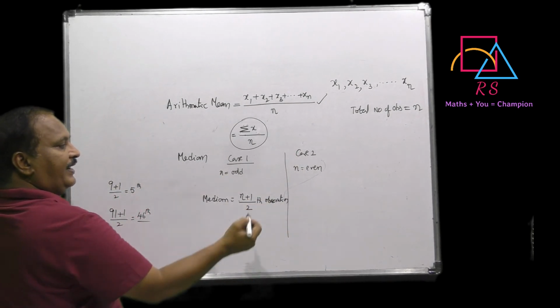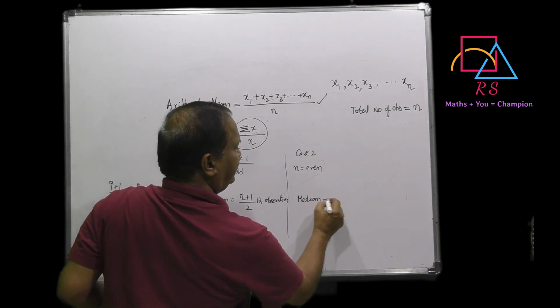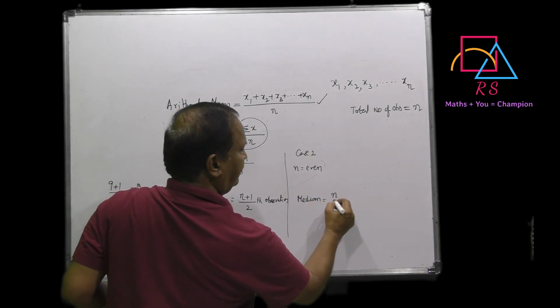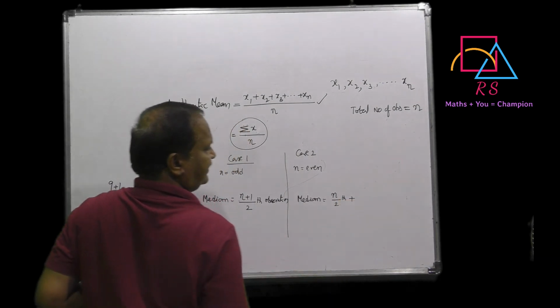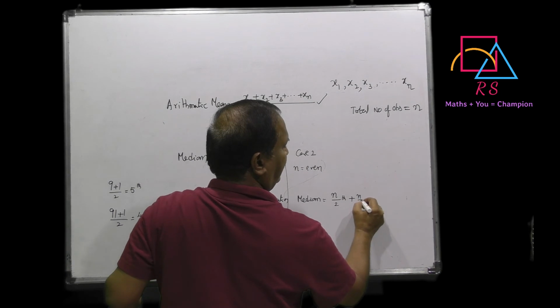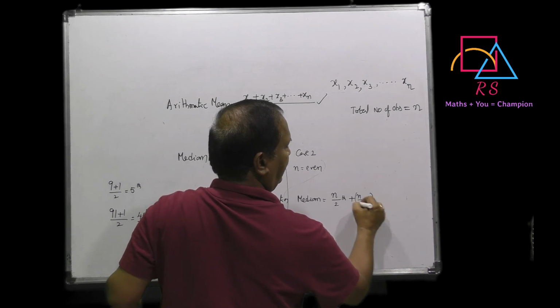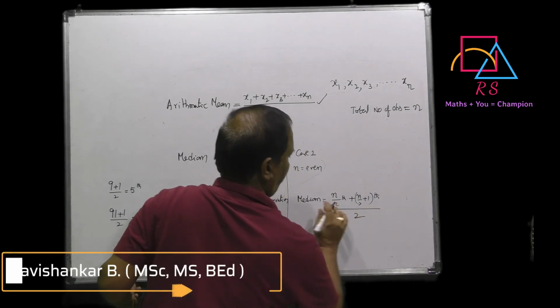Now what happens when n is even? Median is equal to the n by 2 th value, this is one value, plus this is one more value, divided by 2.